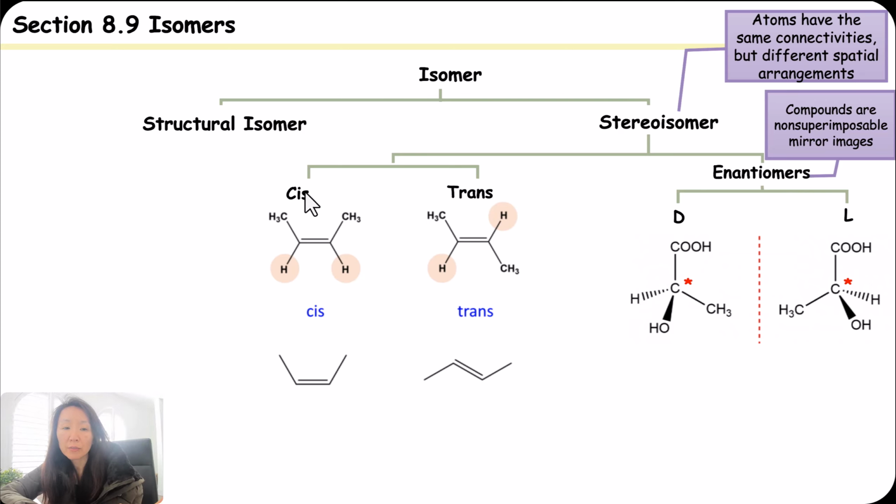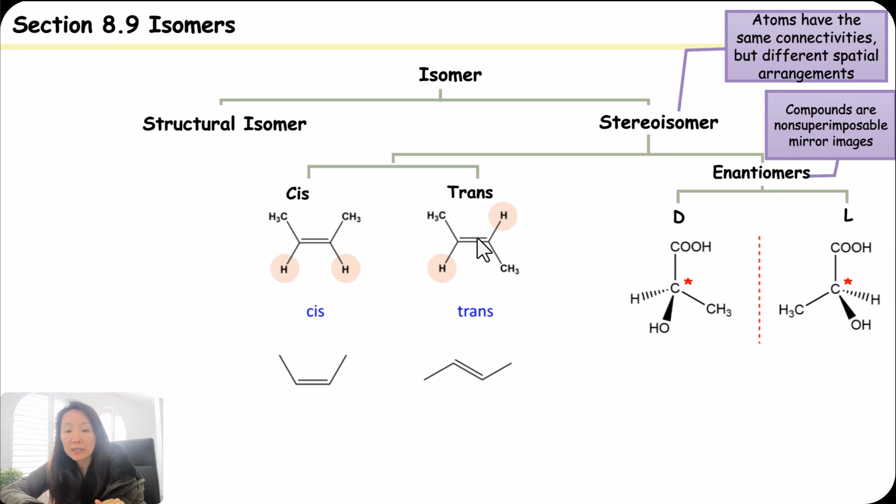We already talked about cis and trans, if you were paying attention to the alkene and alkyne nomenclature. Cis and trans applies only to something with a double bond, an alkene. On top of that, the double bond has to be located in the middle, not on the edge of the chain. For cis, the hydrogens are either both on the bottom or both on the top where the double bond is located.